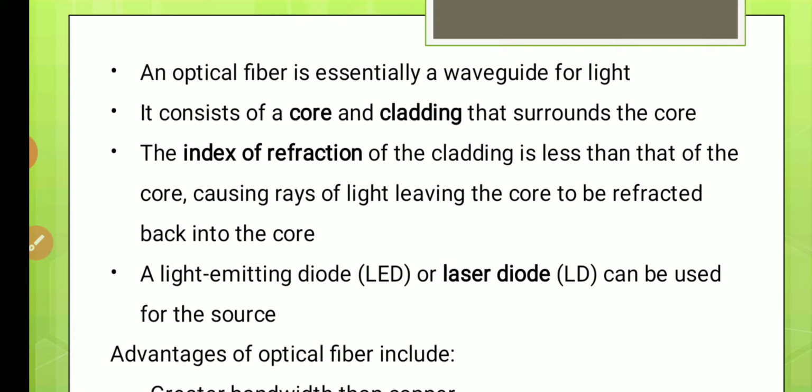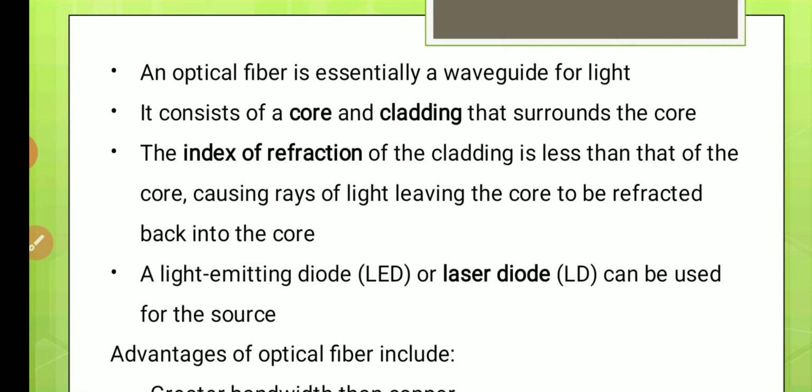Index of refraction is the ratio of the speed of light in air to the speed of light in that medium. That means the amount of refraction is called the index of refraction. It is the ratio of the speed of light in air to the speed of light in another medium. If we want to calculate the index of refraction, the equation is n equals C by V, the speed of light in vacuum to the speed of light in that medium.